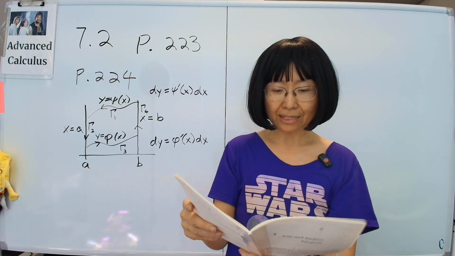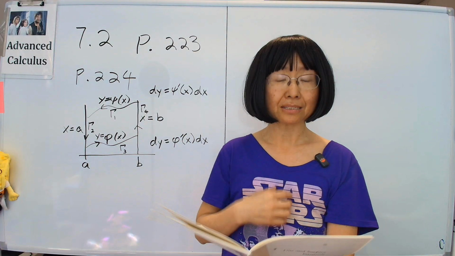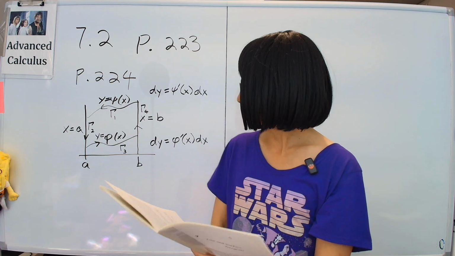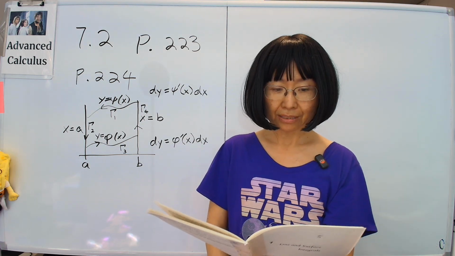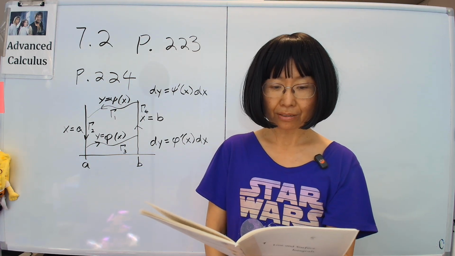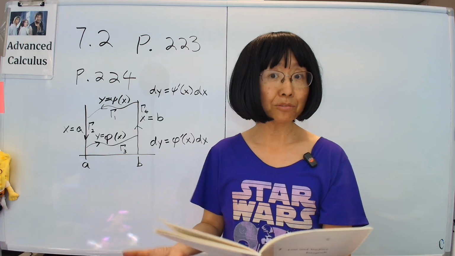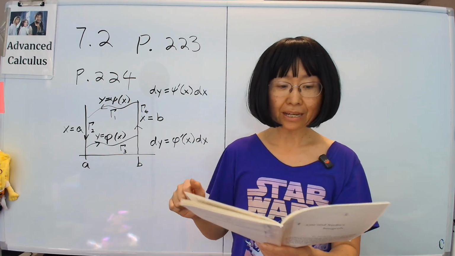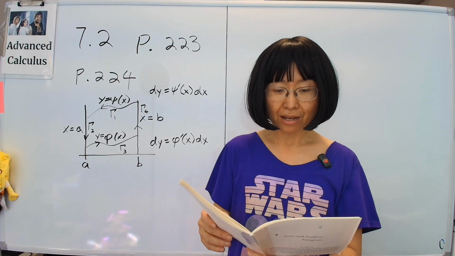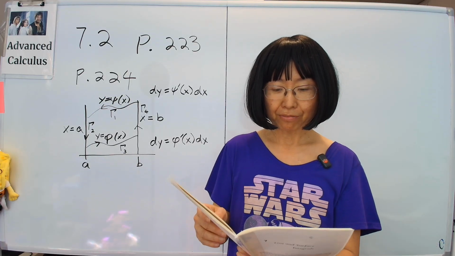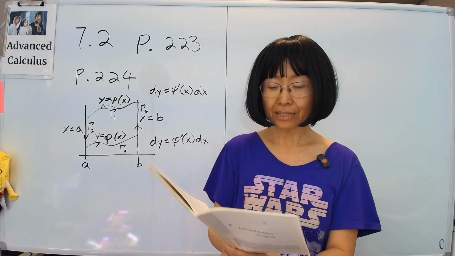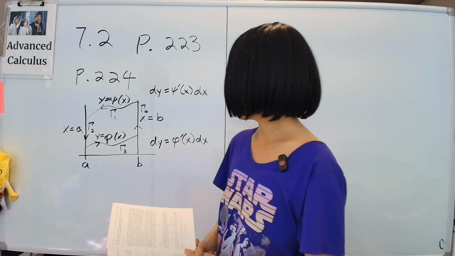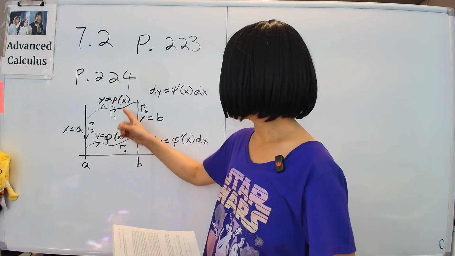Now to do that, let's consider this region as an Ry. Well, sorry, we don't know if the region is Ry, so we don't care about that. But we do know that gamma is a regular curve. So gamma consists of four parts.